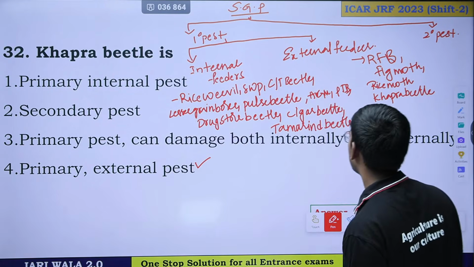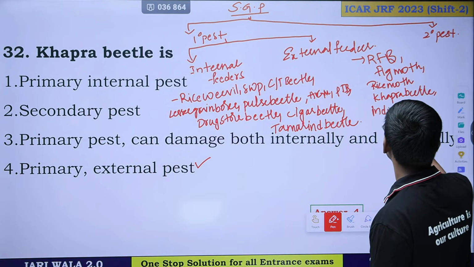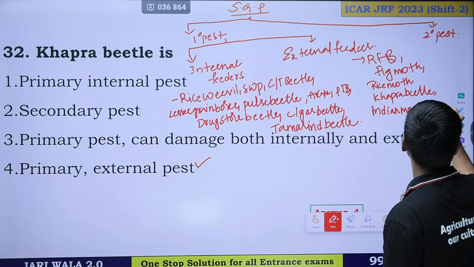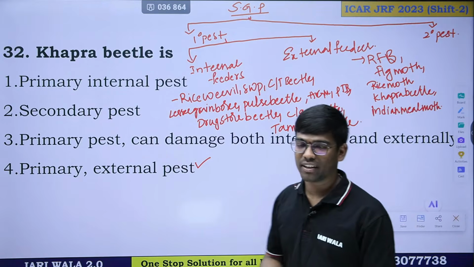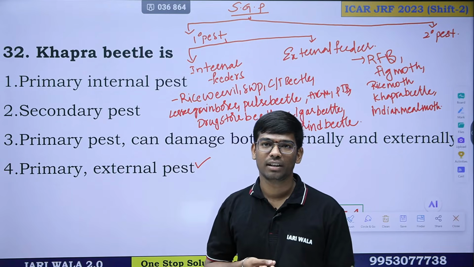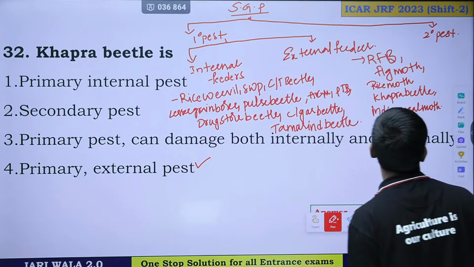And Plodia interpunctella, that is Indian meal moth. Forgot that, Indian meal moth. And in case of secondary pest, we are having the saw-toothed grain beetle, long-headed grain beetle, then storage mite, and flat grain borer also.